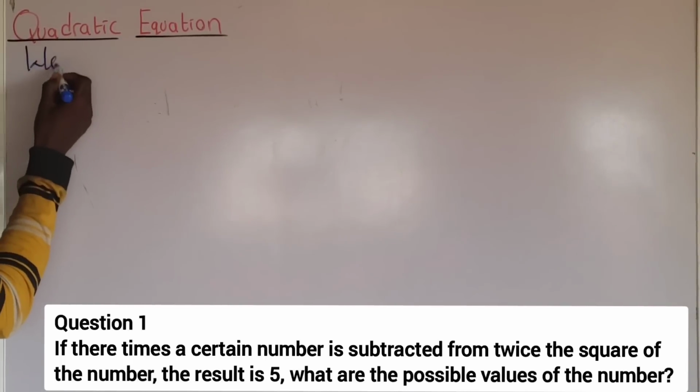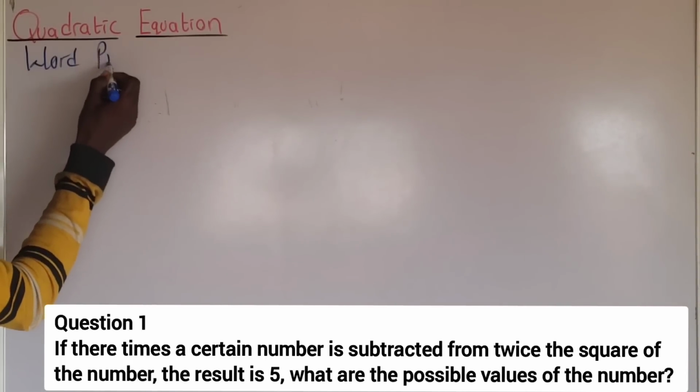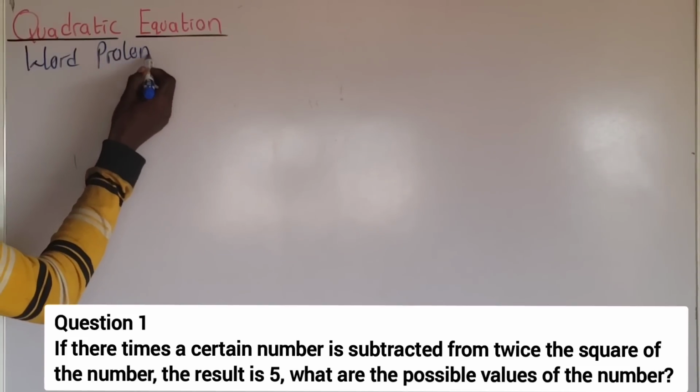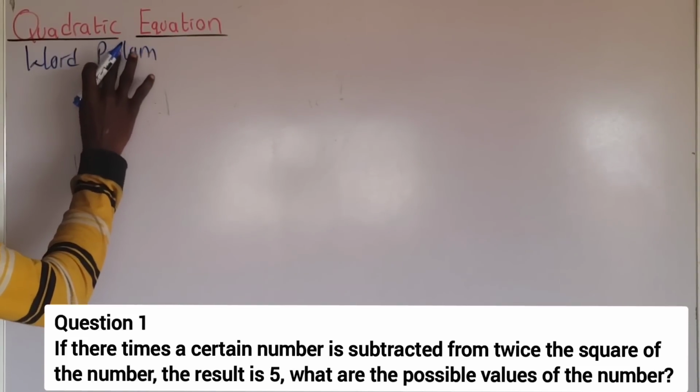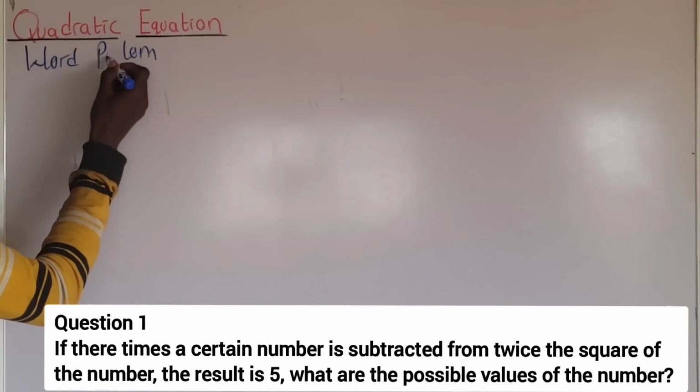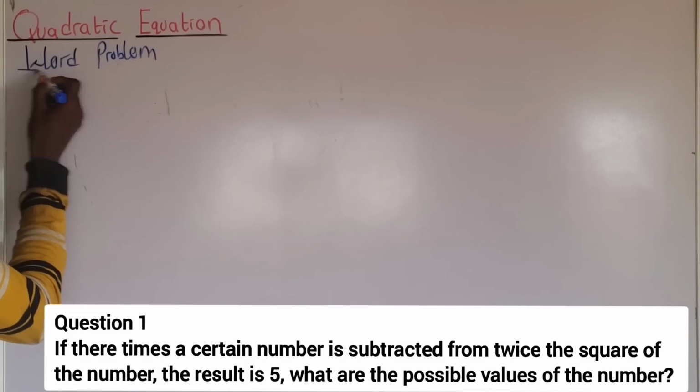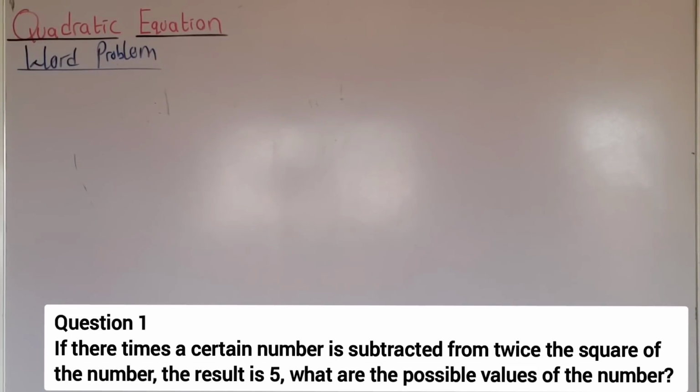Word problem. Okay, we are told that 3 times a certain number is subtracted from twice the square of the number.